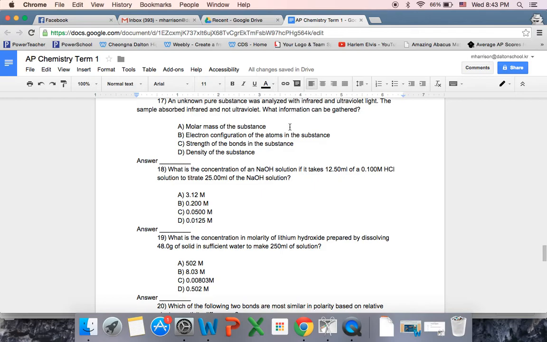So some electrons will jump up into the next layer and absorb the energy, others will not. This helps us to analyze the electron configuration of the atoms in the substance.